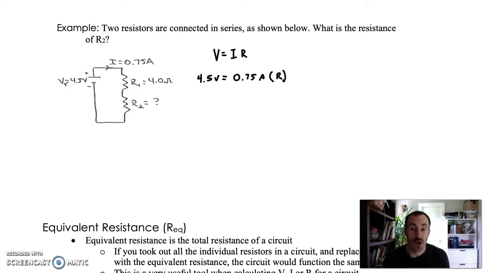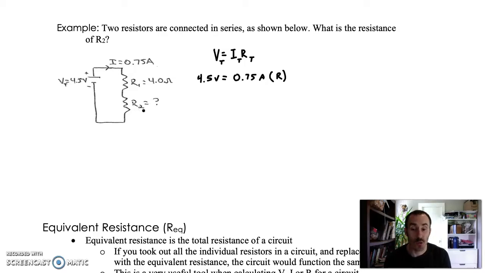times the total resistance. So the thing with V equals IR is that you have to match what components you're talking about. So we're using the total voltage, the total current, and so that will give us the total resistance. It won't give us R2.